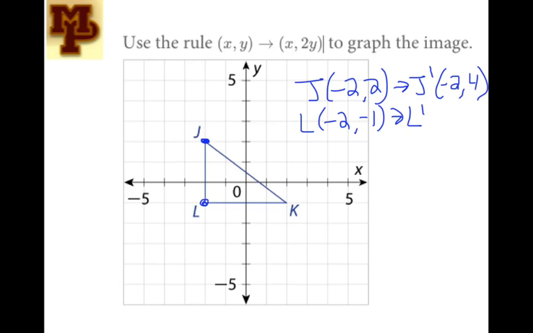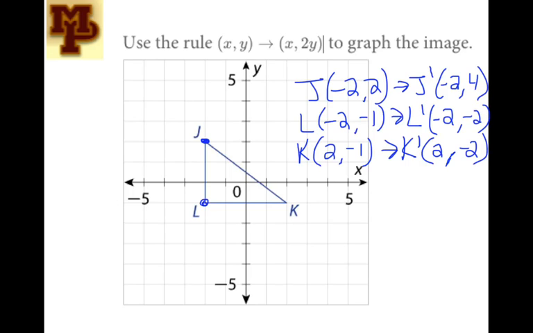That will become L prime, which is going to be negative 2 and then double whatever the y coordinate is, so negative 2. And then we got K, which is currently 2, negative 1. So that's going to become K prime, and that will be 2 and then, multiplying the y by 2, so that would be negative 2.